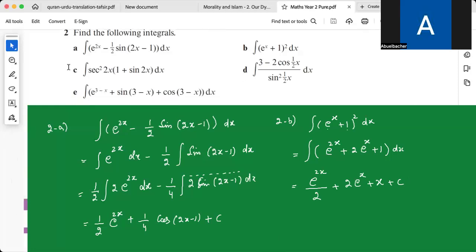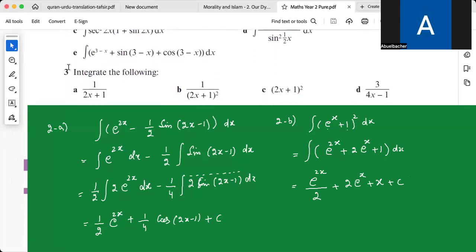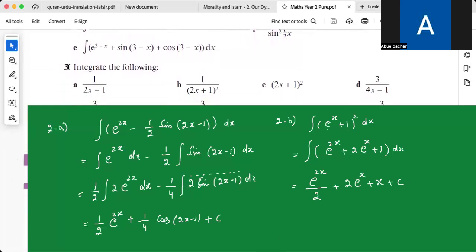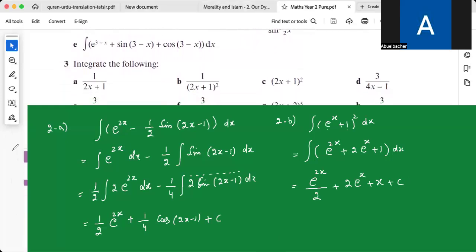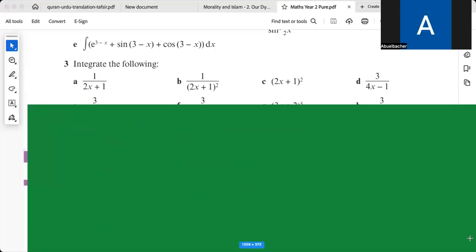So let's go to this last question, E. In this question E, you can see that we have trigonometric and exponential functions.